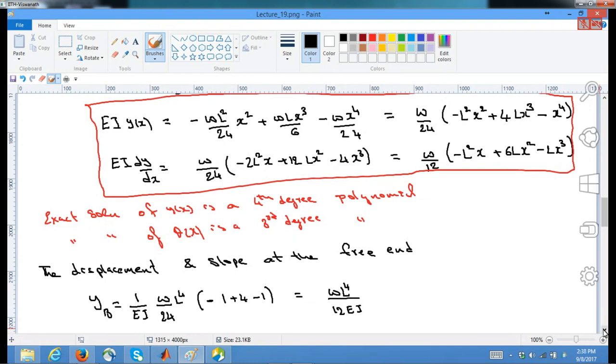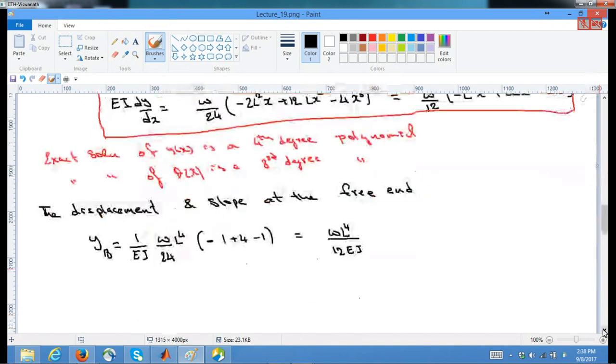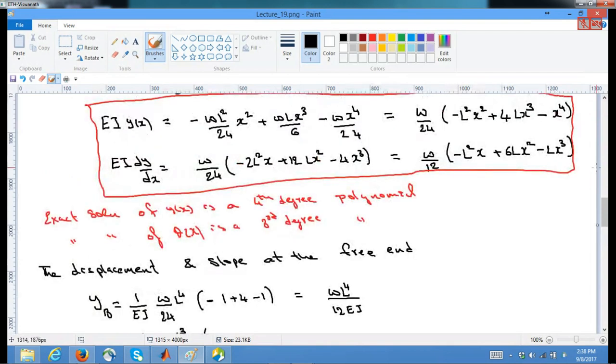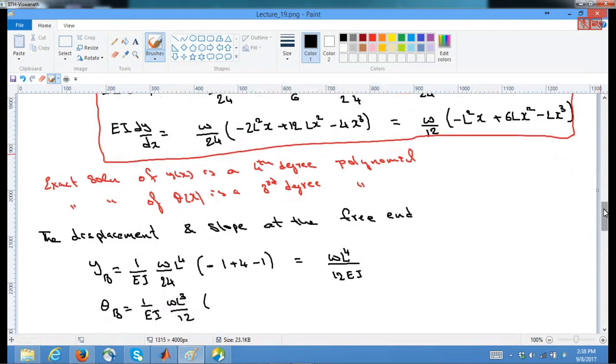And similarly, one over EI W L cube by 12 times minus 1 plus 6 minus 1, that makes it 4, W L cube by 6 EI. So this is your y p and this is your theta p.